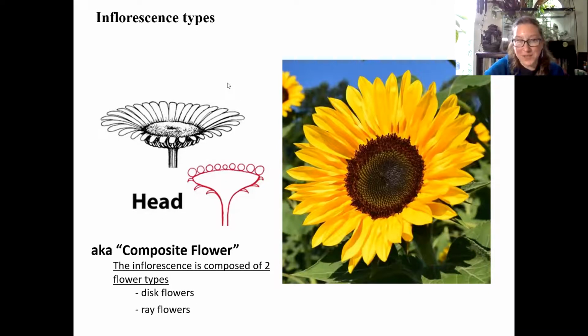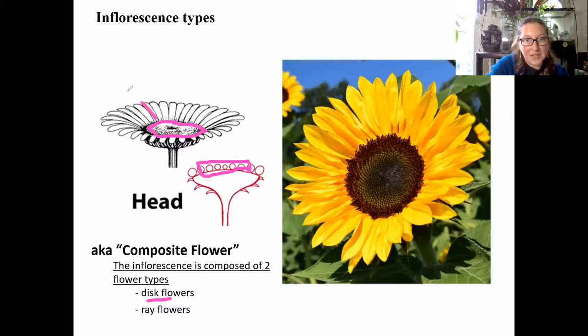Yeah, so sunflower is a good example of a composite flower, or AKA a head. Two different types of flowers on a sunflower. I'll use pink. The middle part has what are called disc flowers, which are shown nicely in the middle here.